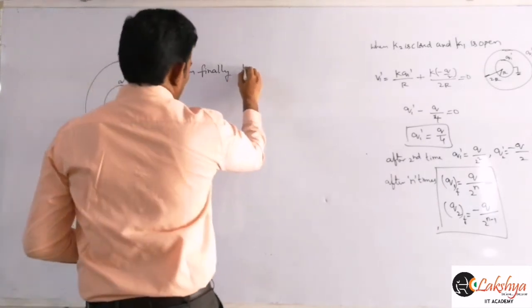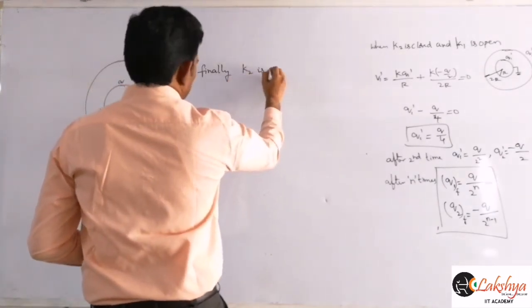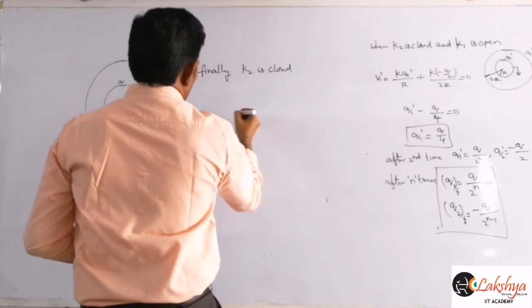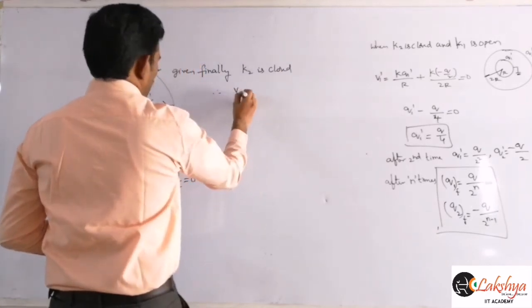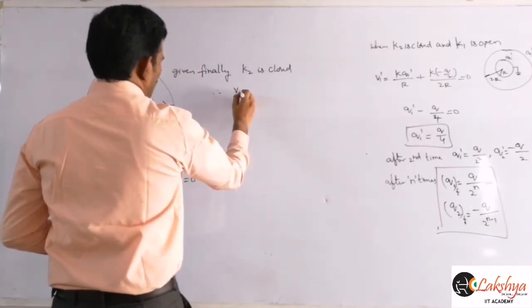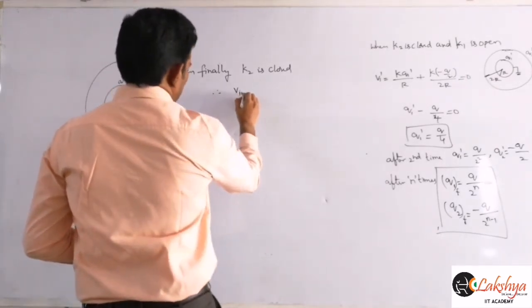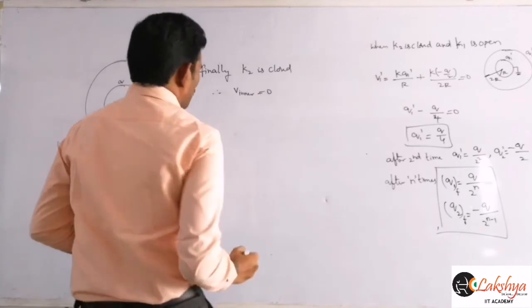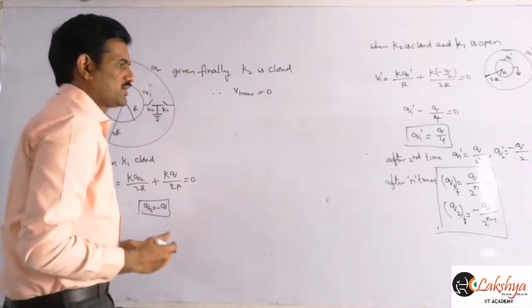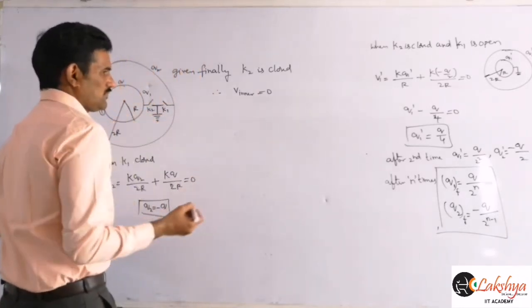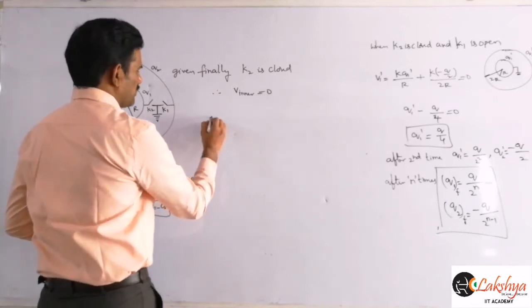Given finally K2 is closed. Therefore the potential of this inner shell should be equal to 0. I am writing inner and outer so that you will get clarity about this. Next, the potential of this outer shell I am writing here.